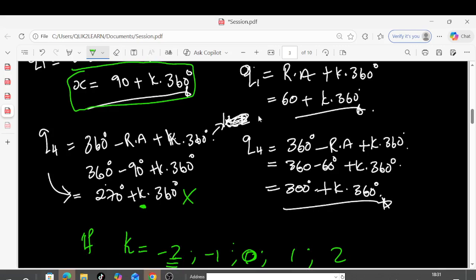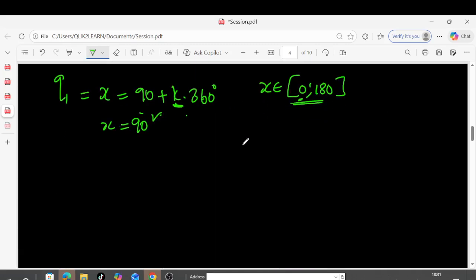Then I go to this one. If I put 0 here, I get 60. Those are the easiest answers to get. So x is equal to 60 and 90 degrees. These are your answers.